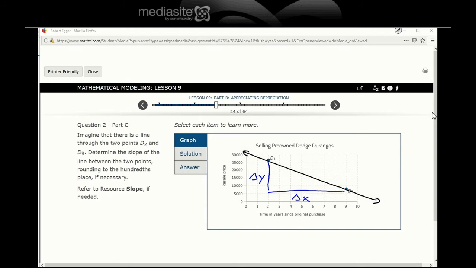And remember, I'm going to use some nomenclature, and I better use the same thing that they have. So this would be t2, p2, t9, p9. So what's my change in y?